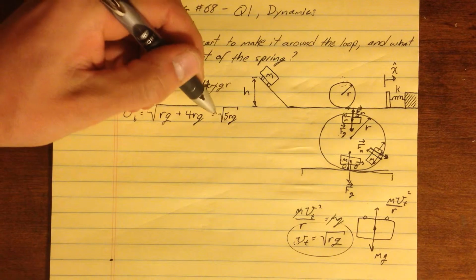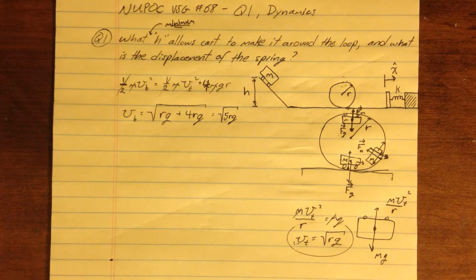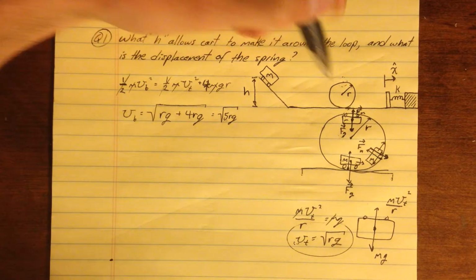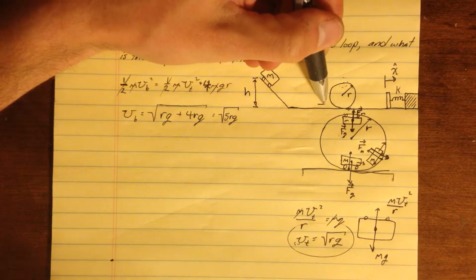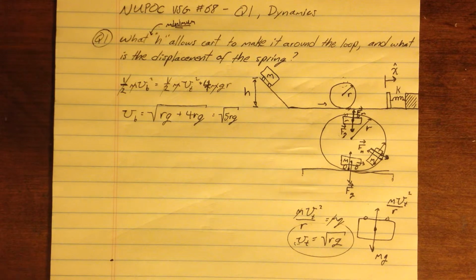And of course it's plus or minus root 5rg, but we know that the velocity vector has a positive value going in this direction, and we're going to choose the positive root.